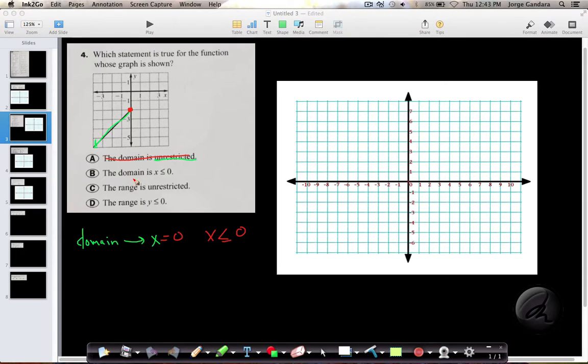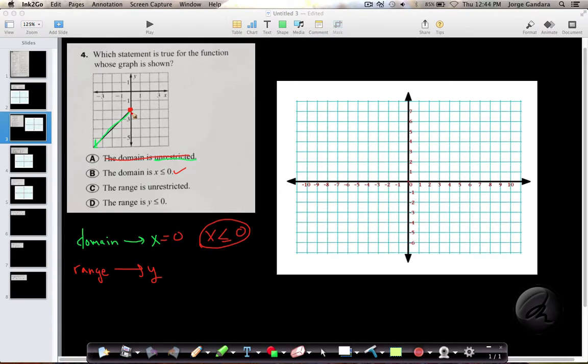Now I'm looking at B. The domain is x less than or equal to 0. As it turns out, I actually just determined that to be the fact. So yes, that is true. Okay? So let's just go over the rest just to make sure. So the range is unrestricted. So the range is referring to your y-axis.